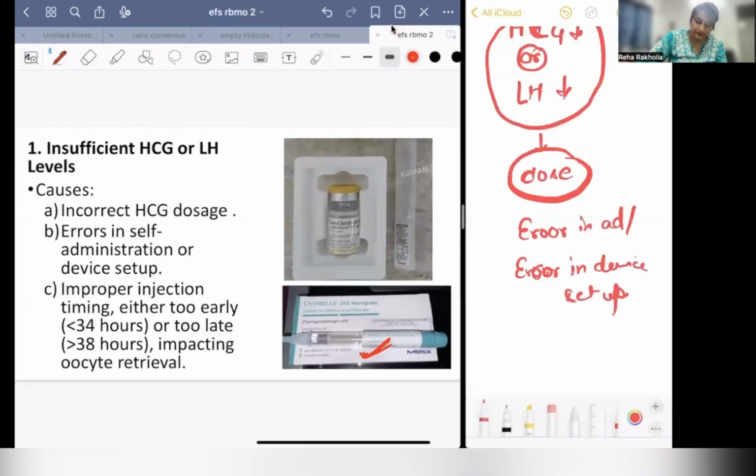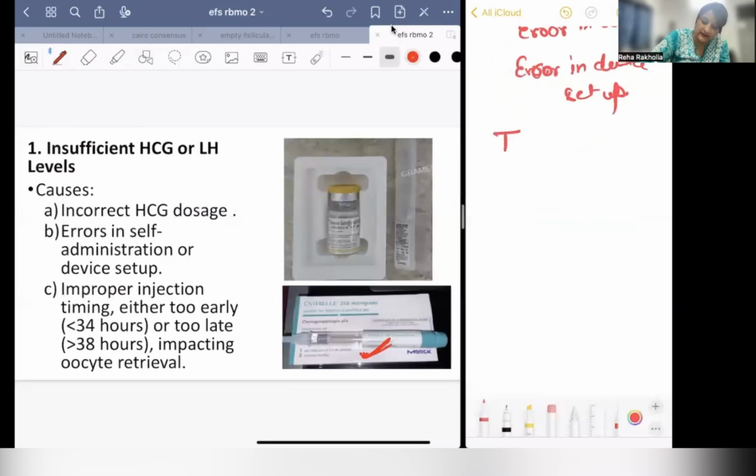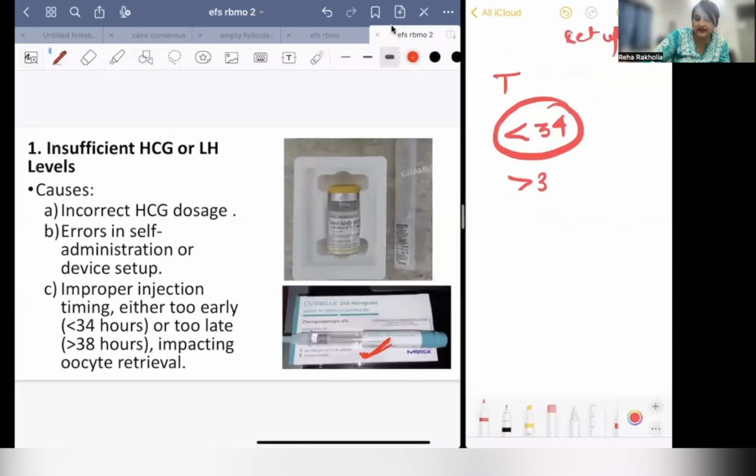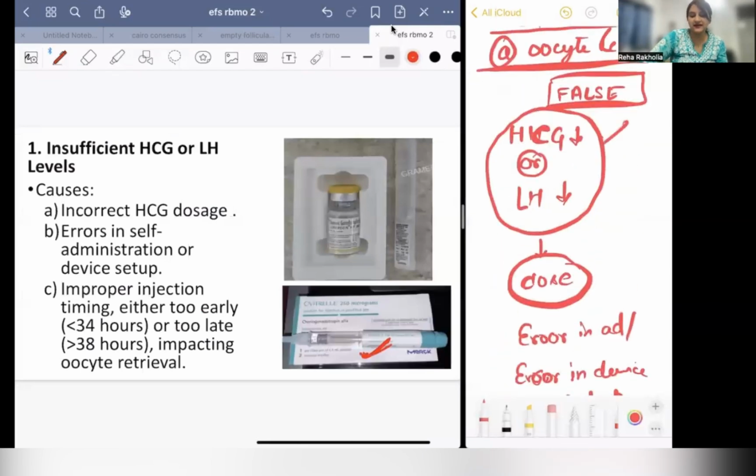Or timing, either too early, that means before 34 hours, or too late, that means more than 38 hours. All this may decrease HCG and LH level, which can cause false empty follicular syndrome.